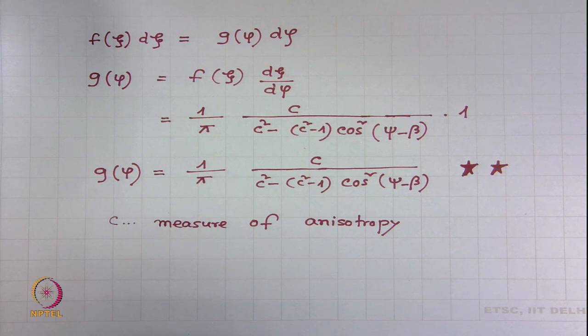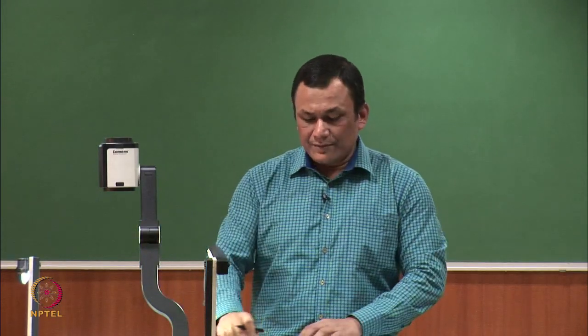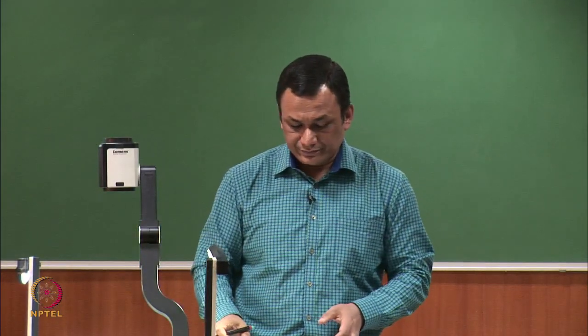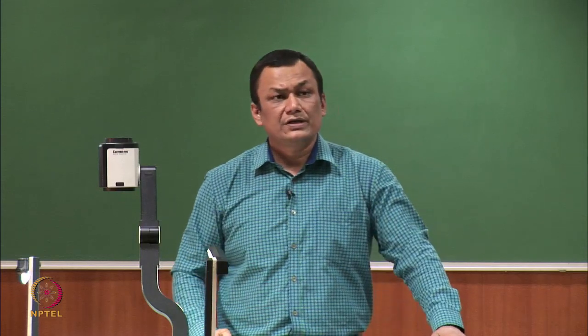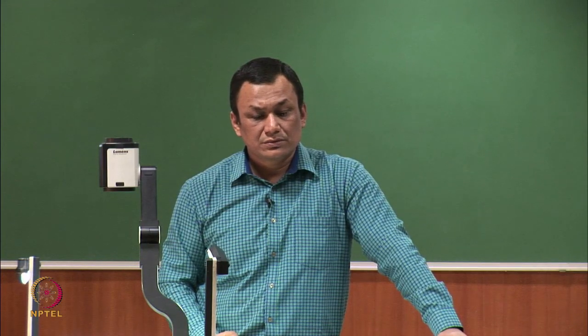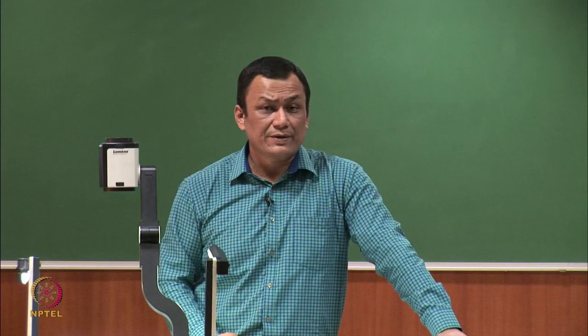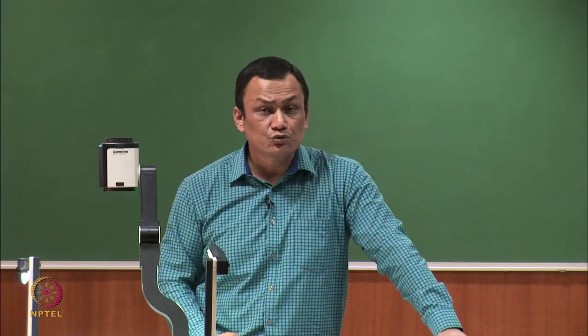Now, we will discuss one more problem associated with fiber orientation. The problem is something like that. Often we are interested to find out the angle not from minus pi by 2 to pi by 2, but from 0 to pi by 2.